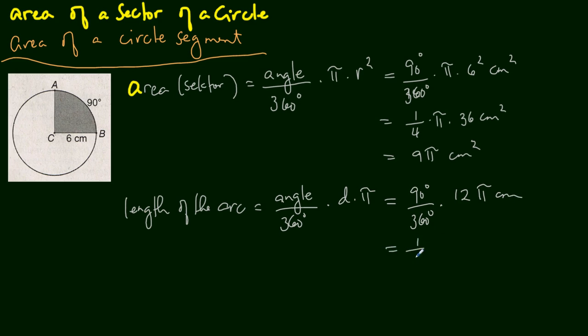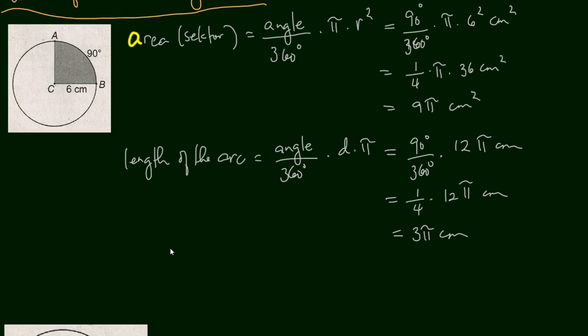And then we have 1/4 multiplied by 12 pi centimeters. Then we have 3 pi centimeters. That's the area of the sector and the length of the arc.